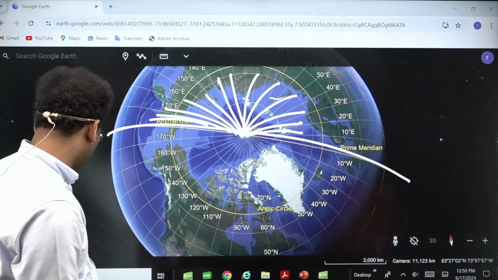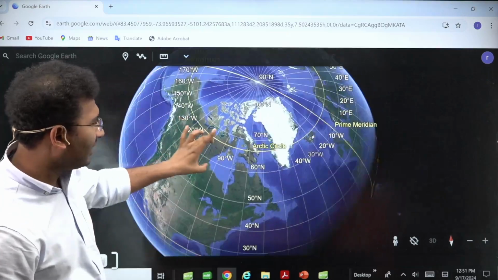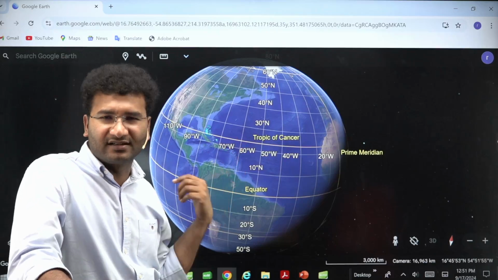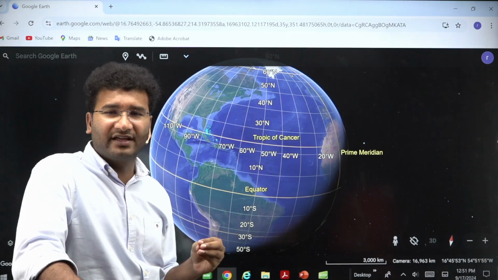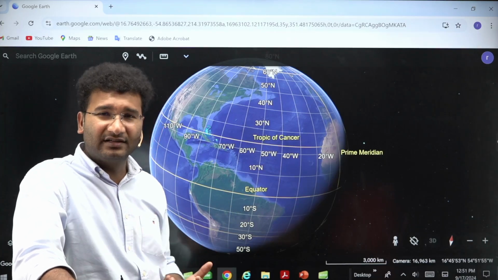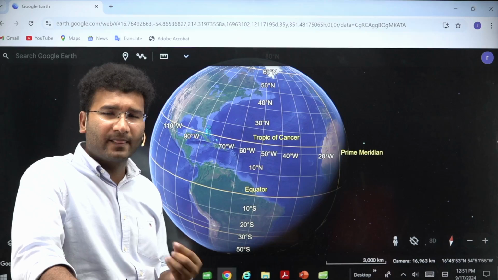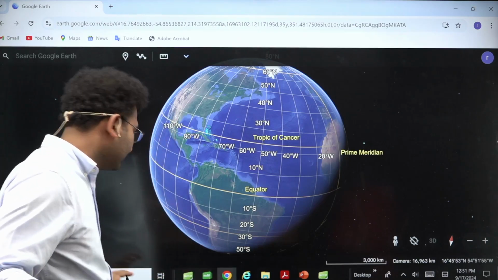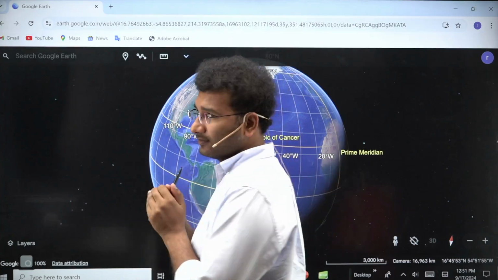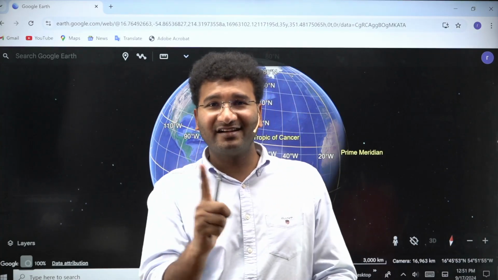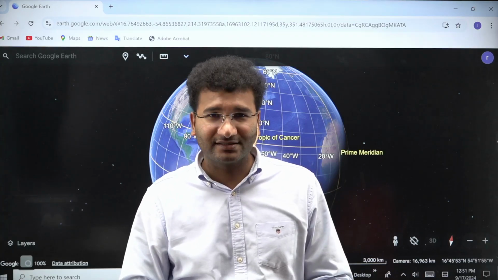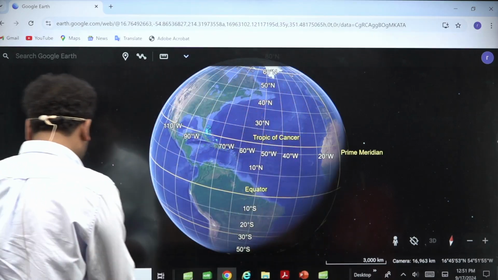See here. As you all know, Earth is more or less a circle. How much time does the Earth take to go around itself, one full rotation? The Earth takes 24 hours for one full rotation. That means if I imagine I am the Earth and I am making one full circle, how many degrees did I rotate?